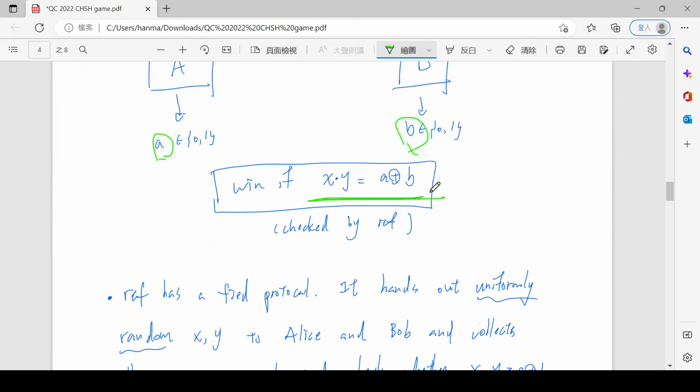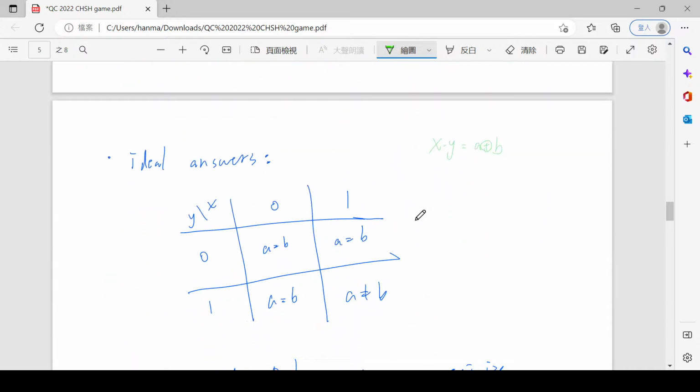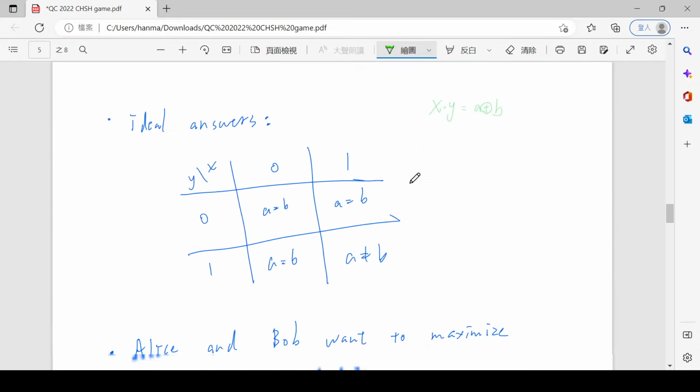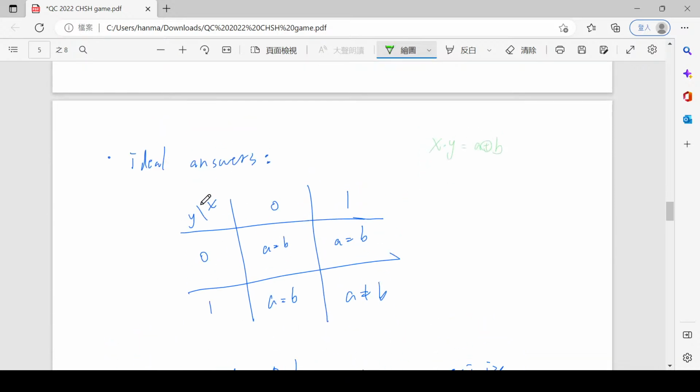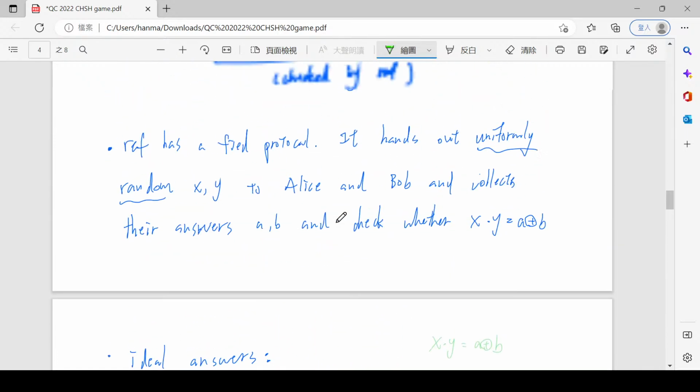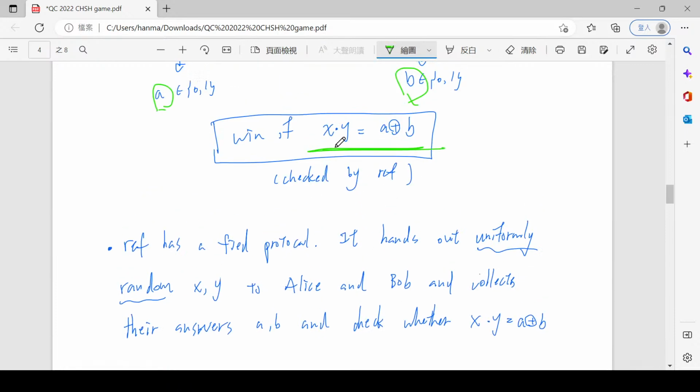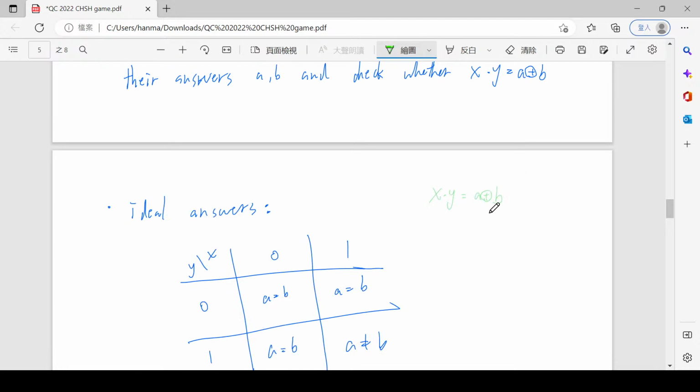This looks a bit more scary, so let's draw it in a table. We list the inputs to Alice and Bob, X and Y. X has two choices and Y has two choices, so there are four choices in total. For those four choices, X times Y determines what A XOR B should equal.